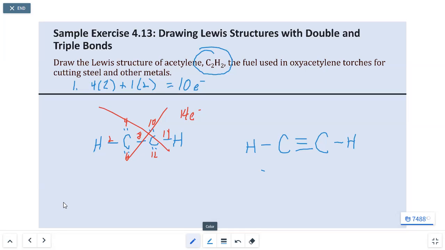It has no need for extra dots. It's completely filled as it is. I can recount now. 2, 4, 6, 8, 10. This structure now has 10 electrons, which matches our 10 electrons that we're supposed to have. We're done.